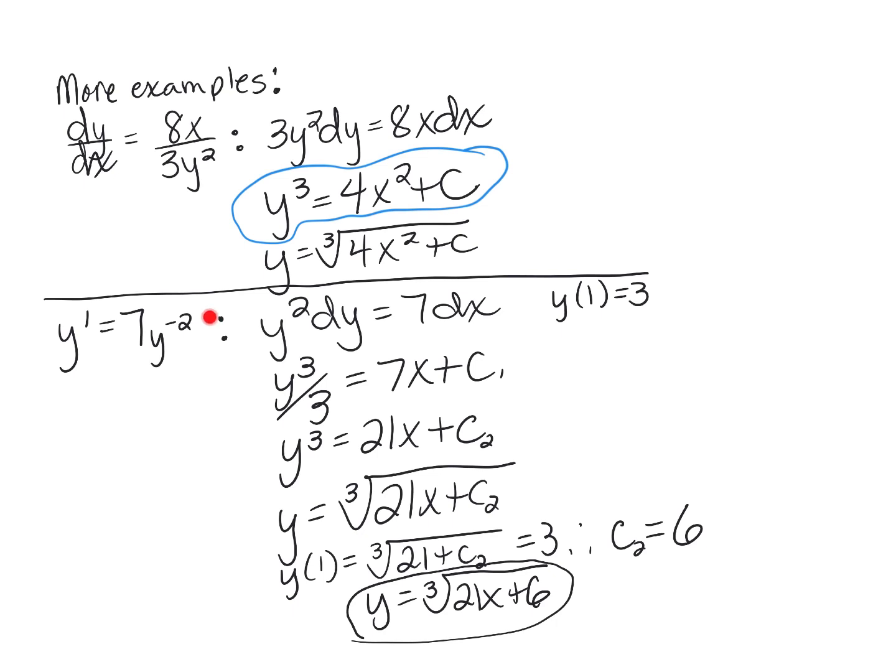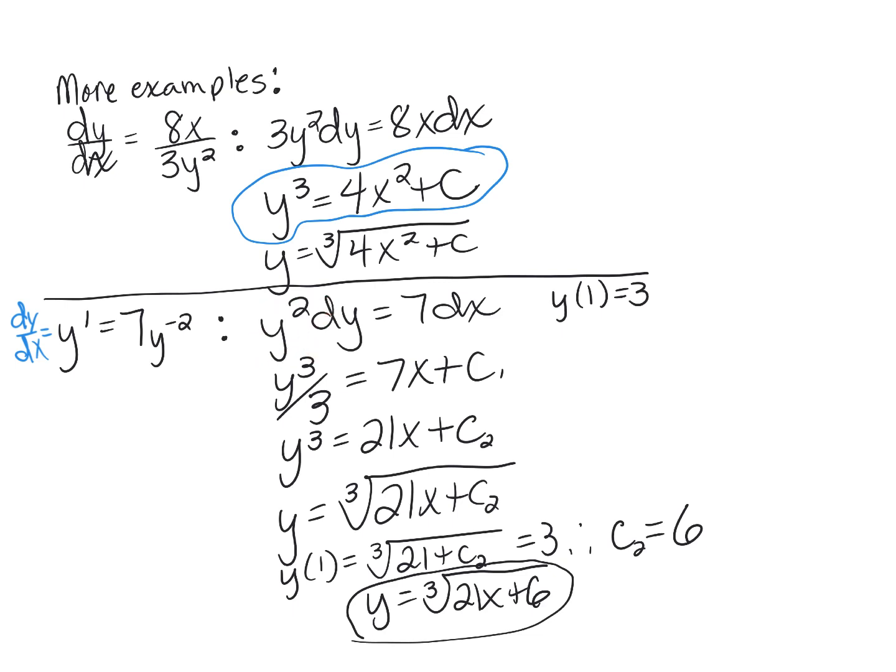Notice that I don't have the dx written right here. This is y prime. We understand, don't we, that y prime is dy over dx. So I multiply both sides by the dx, and I end up with this right here.